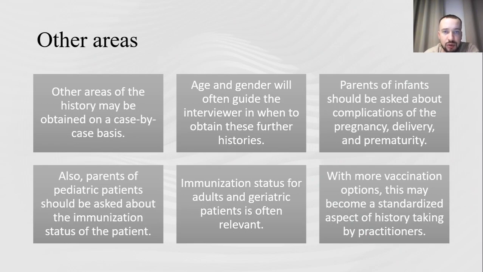Age and gender will often guide the interviewer in when to obtain these further histories. Parents of infants should be asked about complications of the pregnancy, delivery, and prematurity. Also, parents of pediatric patients should be asked about the immunization status of the patient. Immunization status for adults and geriatric patients is often relevant. With more vaccination options, this may become a standardized aspect of history taken by practitioners.